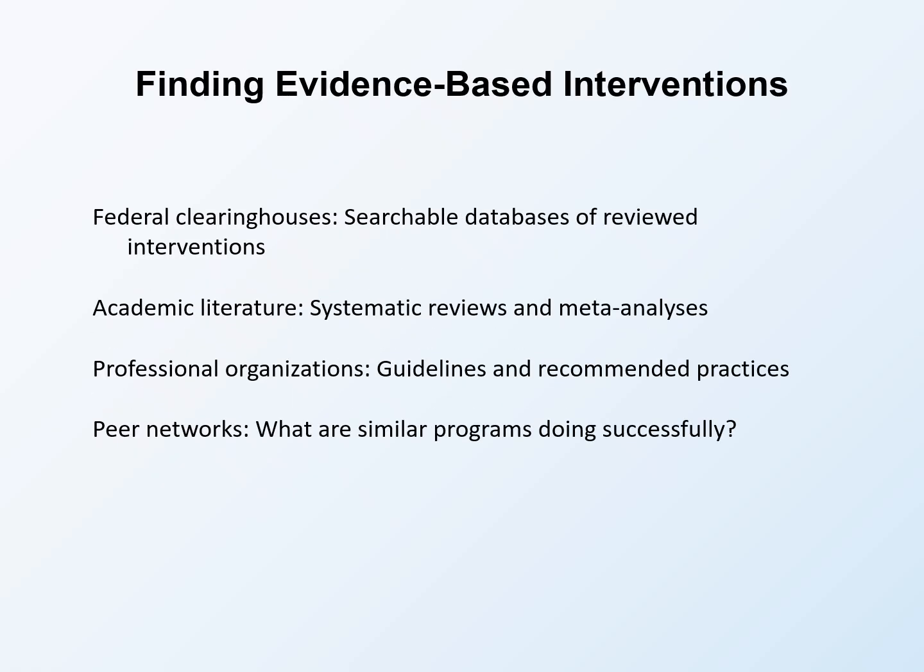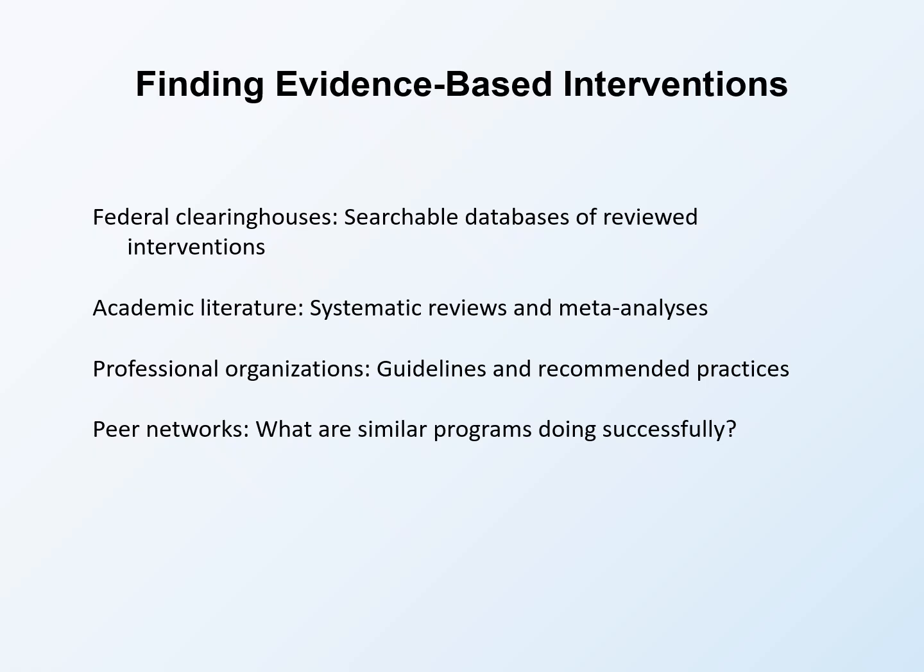Several sources can help you find evidence-based interventions. Federal clearinghouses maintain searchable databases of interventions that have been reviewed against evidence standards: the Community Guide, Cancer Control Planet, the What Works Clearinghouse. These make searching efficient. Academic literature, particularly systematic reviews and meta-analyses, synthesizes evidence across multiple studies.